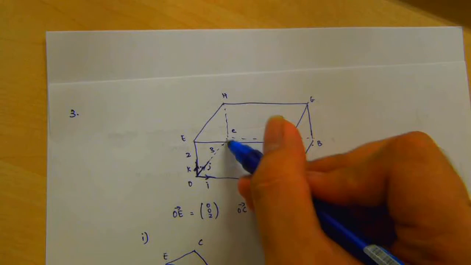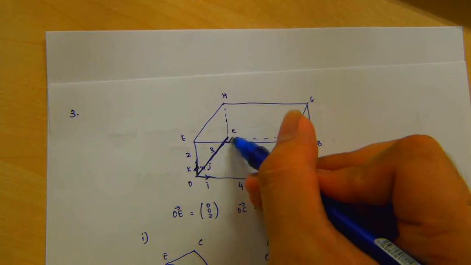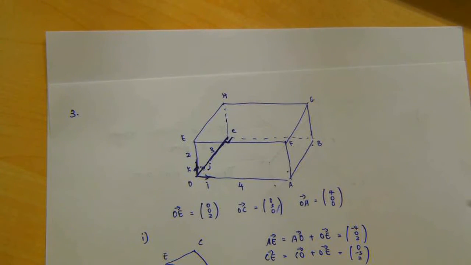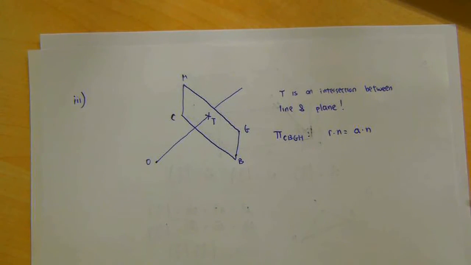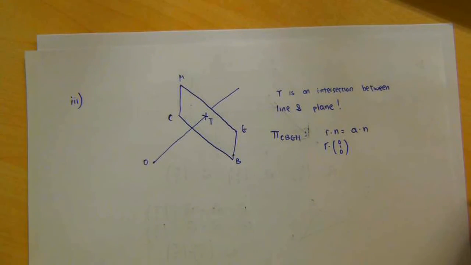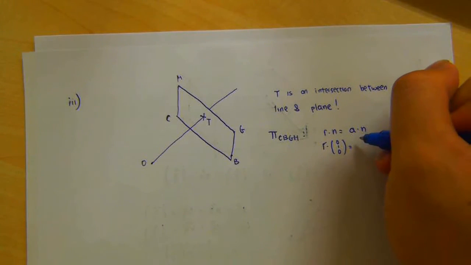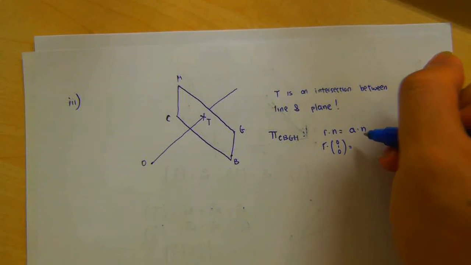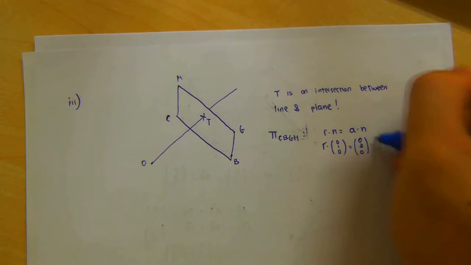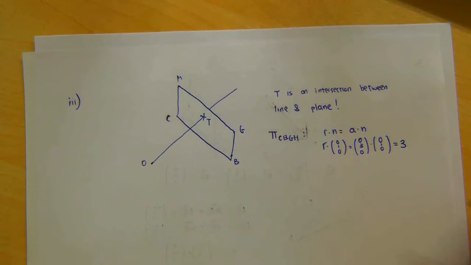For this CBGH, clearly the vector J is perpendicular to CBGH. So n in this case can be simply written as 0, 1, 0. For the point, we shall use C, which is 0, 3, 0. So this is our plane equation.